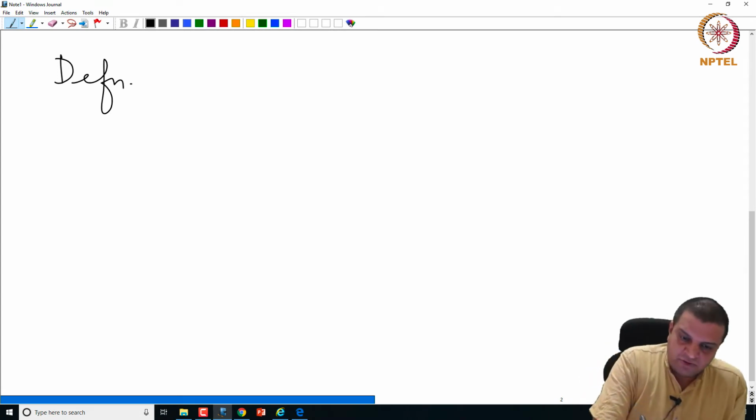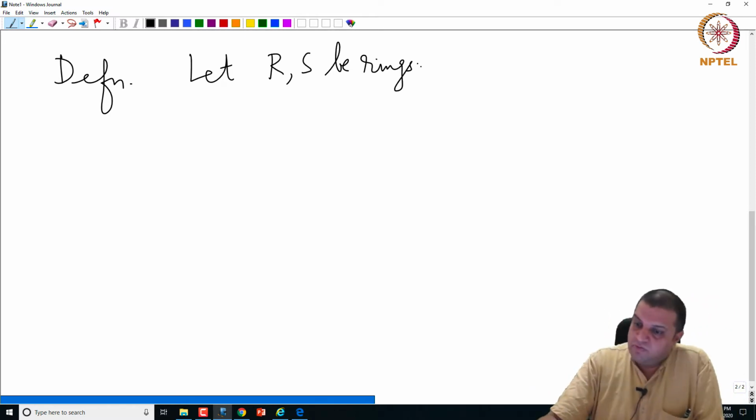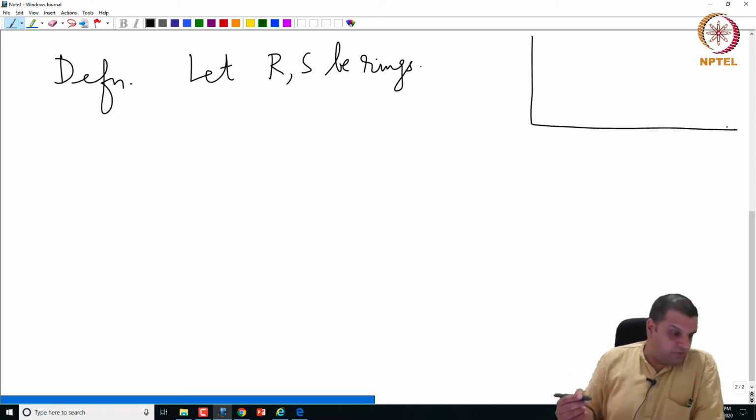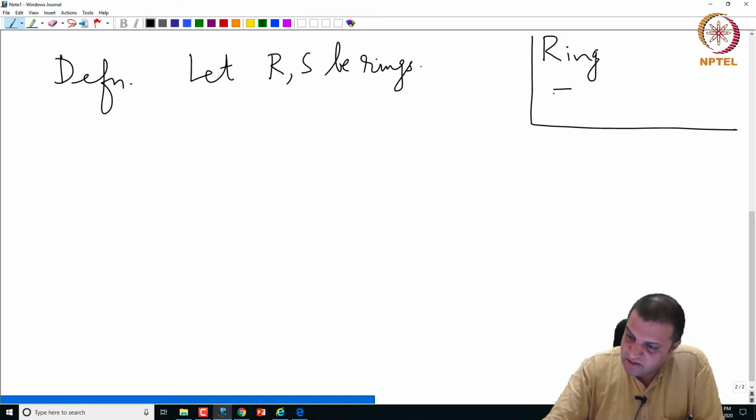A ring homomorphism is a function between two rings. So let R and S be rings. Sorry, before I forget: from now onwards, when we say ring, this means commutative ring as we defined last time.